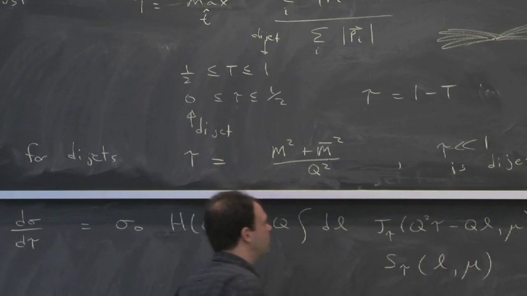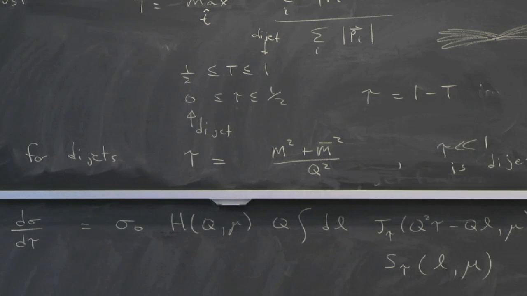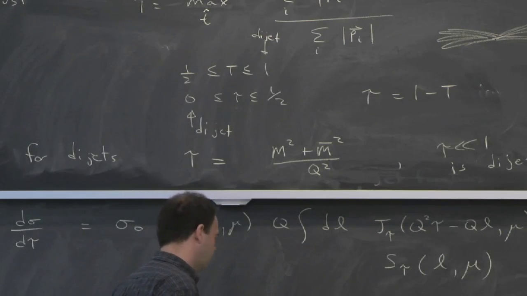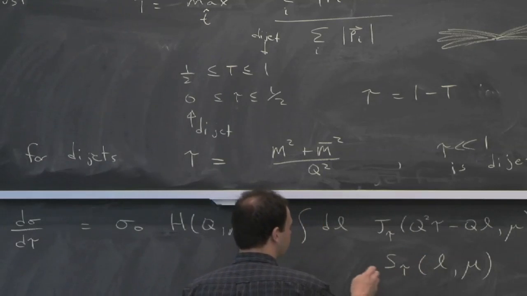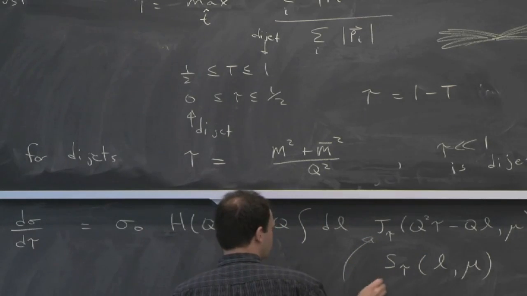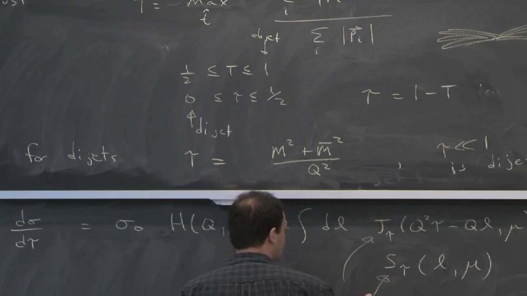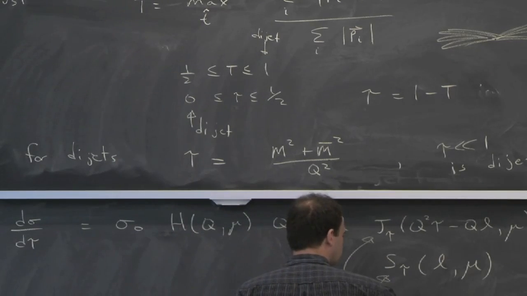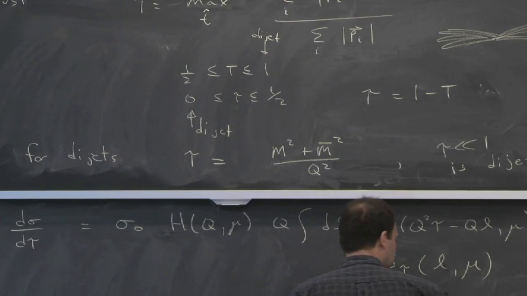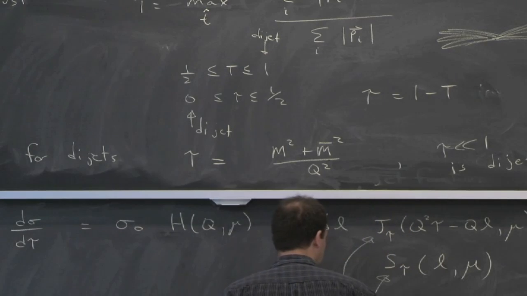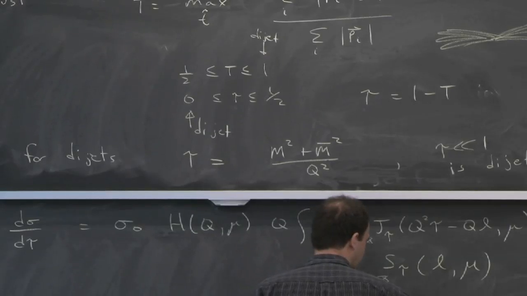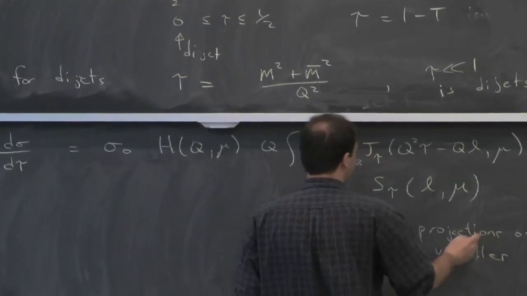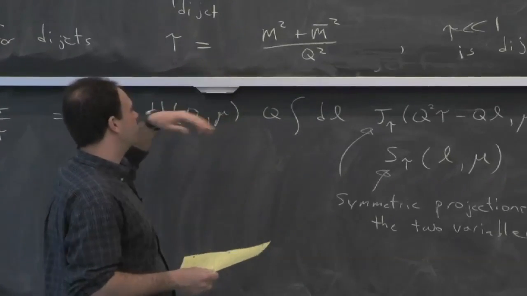So what happens to the two jet functions and the soft function that had two variables is that they get projected onto their symmetric projection of the two variables. So these two are like symmetric projections. We had two variables before, and now we have one variable, and it's a symmetric projection, and that just follows from this formula.